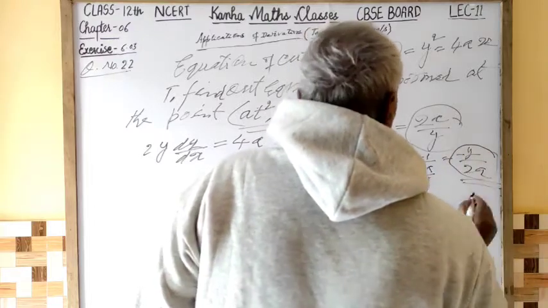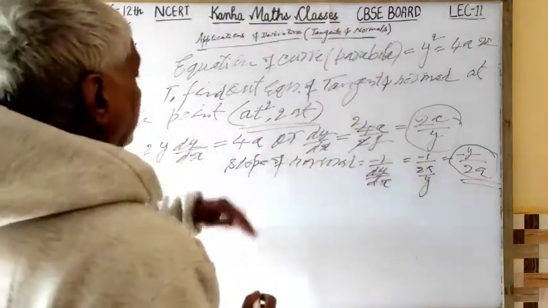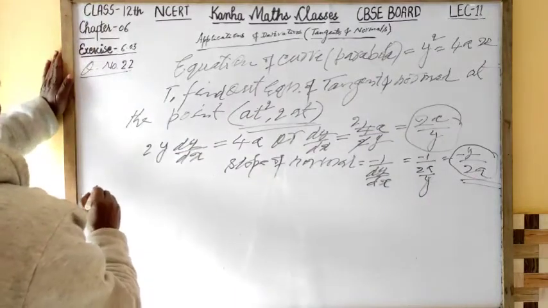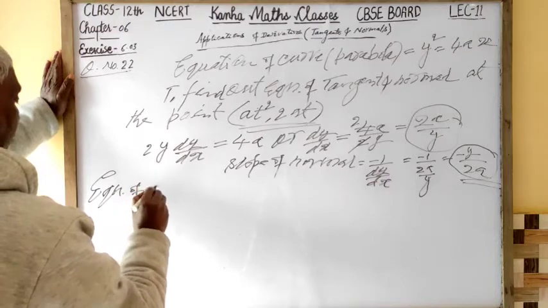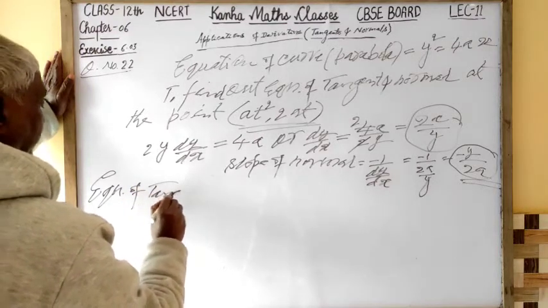This is the slope of normal. Hence the equation of tangent.